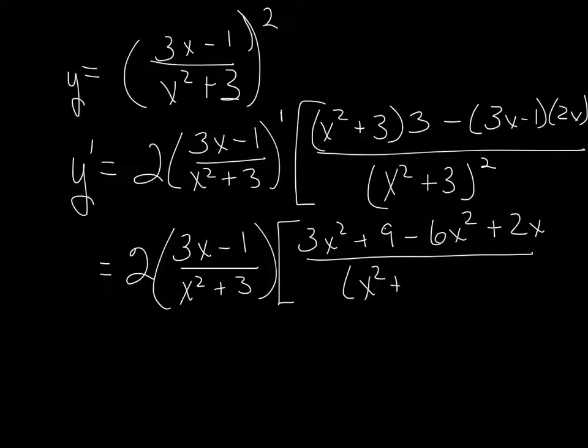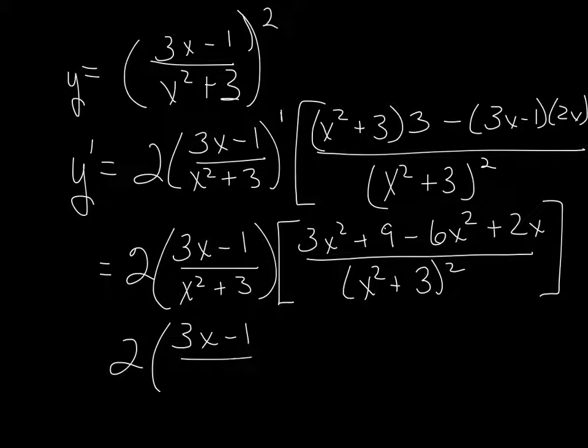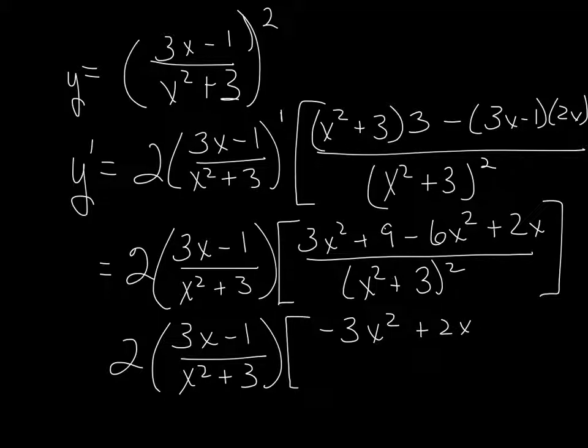We have to distribute that negative. All right? So we've got our first part of this problem. And 3x squared minus 6x squared is negative 3x squared, plus 2x plus 9.